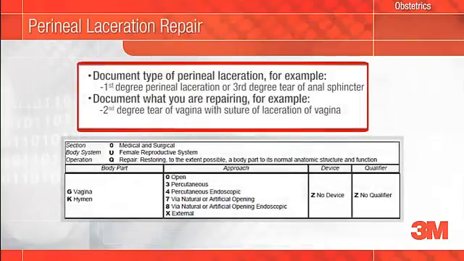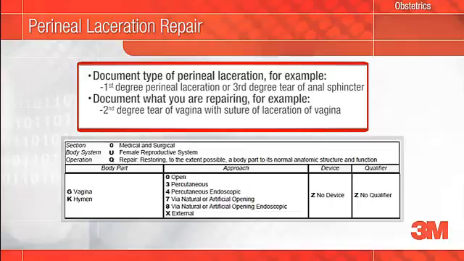When repairing a perineal laceration, it is important to document the type of perineal laceration, such as first-degree perineal laceration or third-degree tear of the anal sphincter. It is also extremely important to document in your delivery note what you are repairing or suturing.